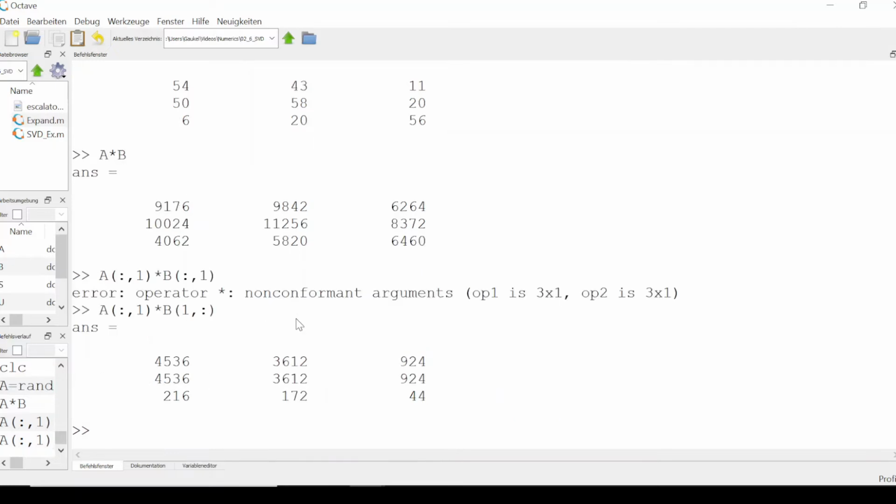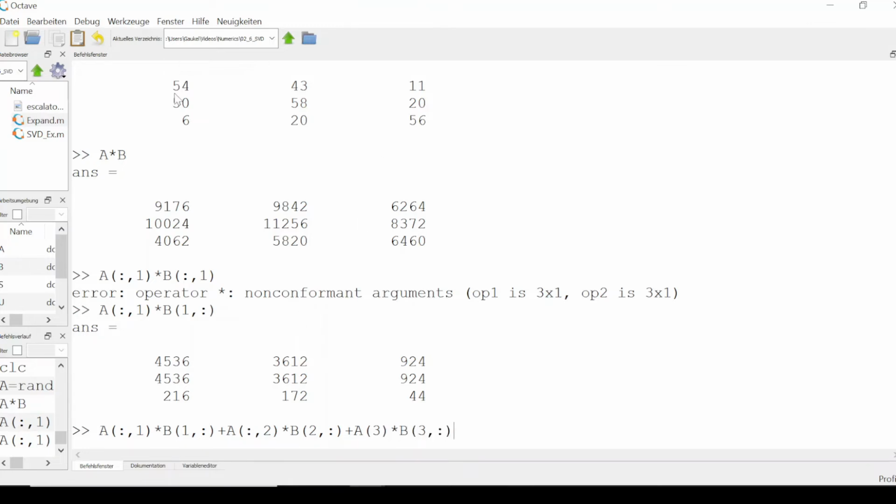Now let's do that plus second column of A times second row of B plus third column of A times third row of B.